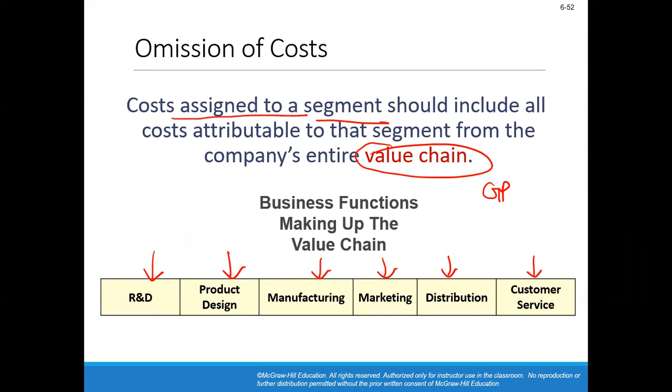So we have understood the concept of value chain. What kind of mistake do managers make? When managers do costing of the segment, they often ignore some costs which are part of the segment cost or part of the product cost.